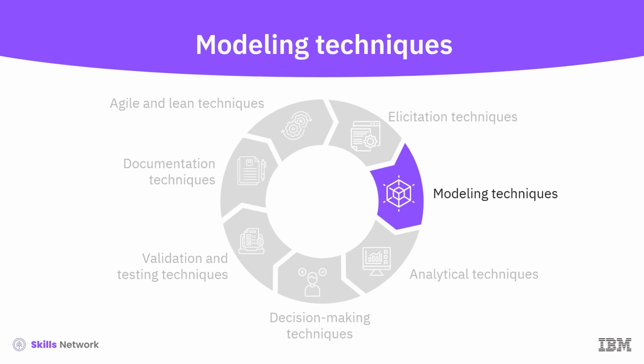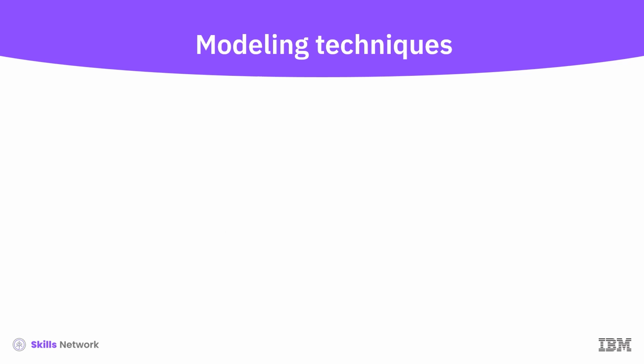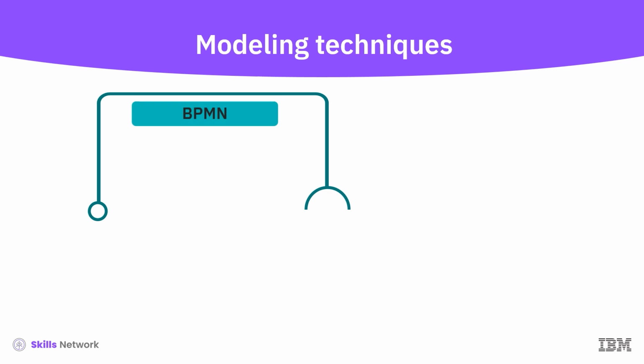Once requirements are gathered, modeling techniques are essential for visualizing and understanding complex business processes, systems, and data. These techniques include Business Process Modeling Notation, or BPMN, a standardized method for creating visual representations of business processes.